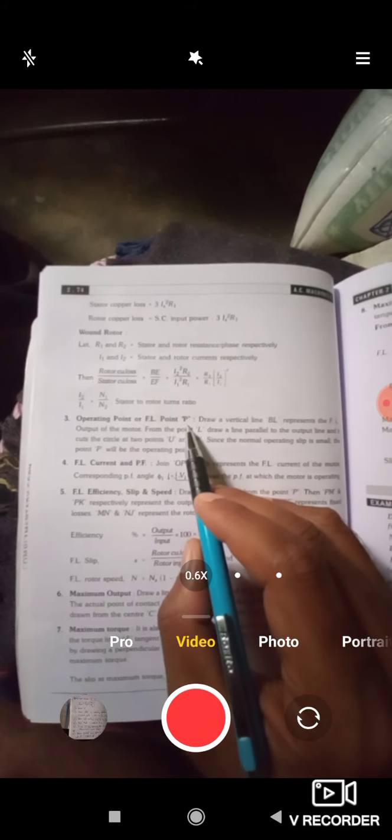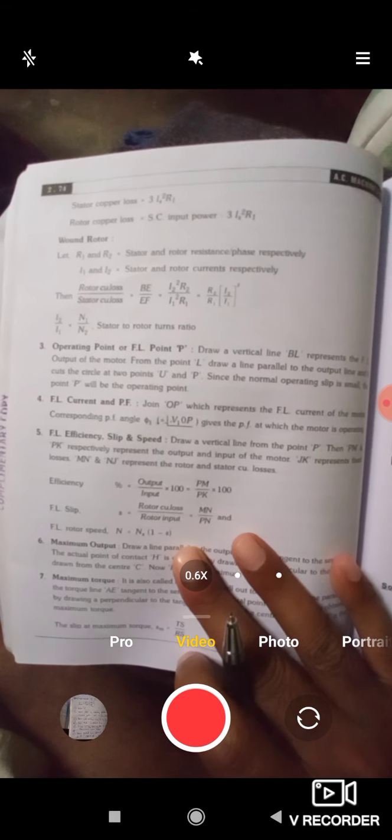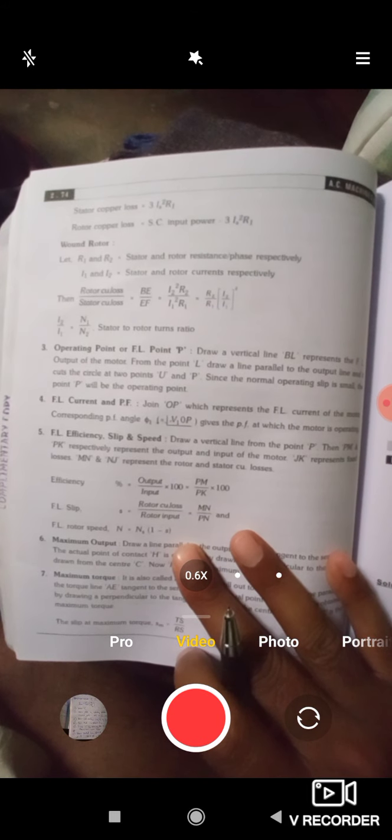So how is this relevant? How to find P? This is important: the operating point or full load point P. Let me suppose the full load output is some 3 kilowatts or 4 kilowatts.